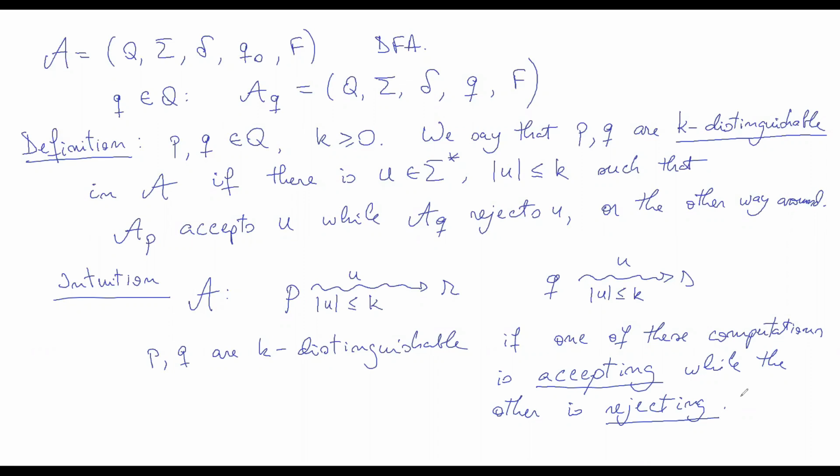And obviously, if you have two such states, P and Q, one of them leads to a successful computation, the other one leads to an unsuccessful computation with some input. Clearly, P and Q bring different values because they can distinguish between word U. P does something on word U, Q does something completely different on word U. So you need both because they give you different aspects of computations on word U.